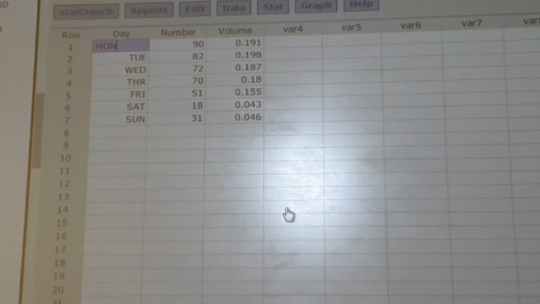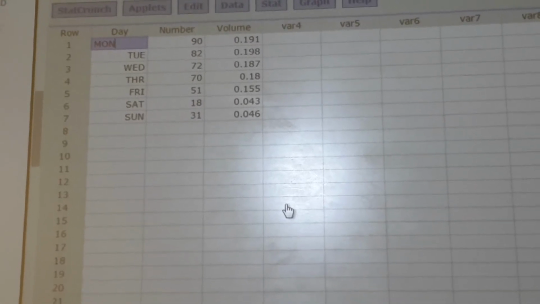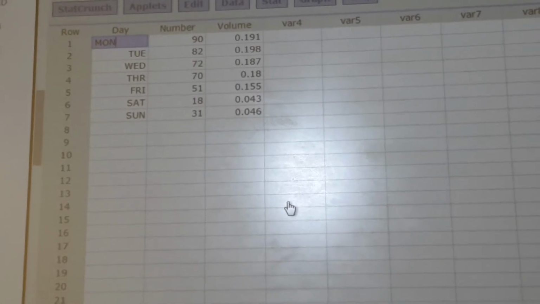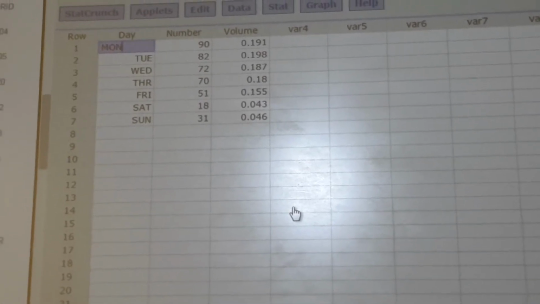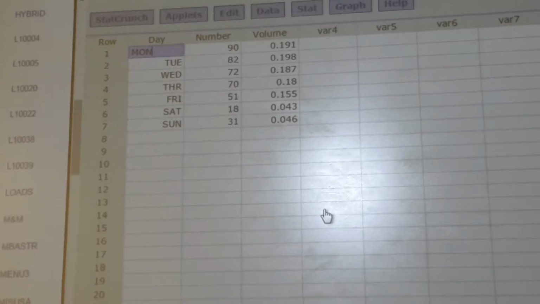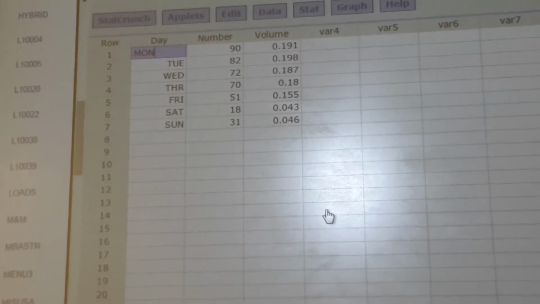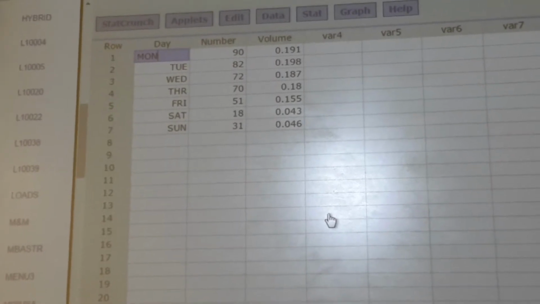And this data came from the state of Minnesota and their highway department. And they were trying to find out if truckers were more likely to run the scales when they were overweight on certain days of the week.